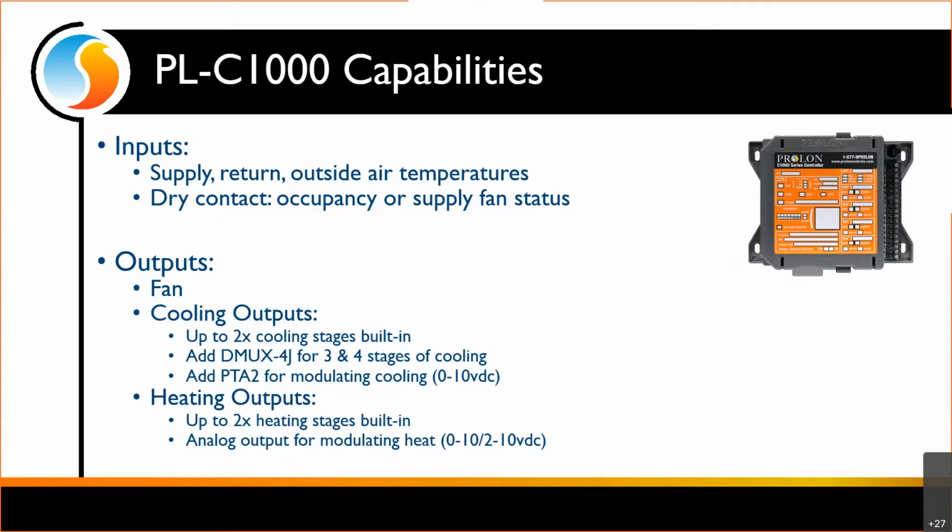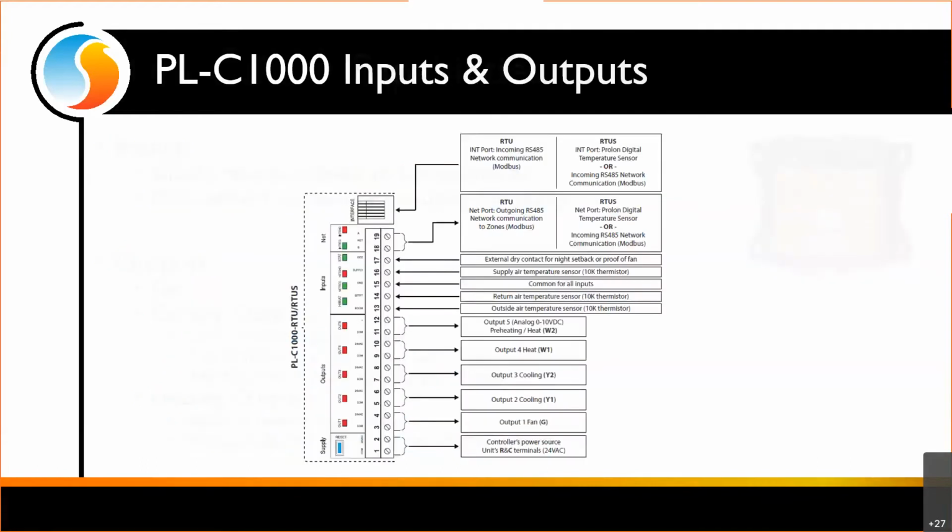And so here we're going to see the actual wiring diagram of the C1000. As we can see at the bottom, terminals 1 and 2, that's just for the power supply. Just above it, we have output 1 for the fan. Above that, we've got our 2 outputs for cooling, Y1, Y2. And then on output 4 and 5, we have our 2 heating outputs.